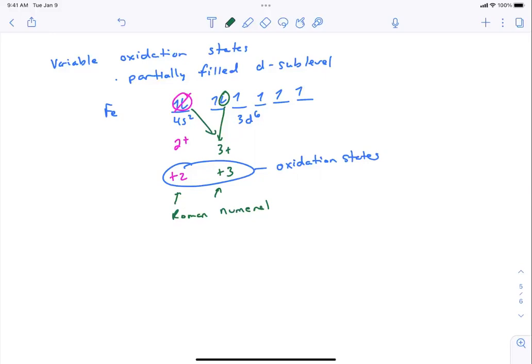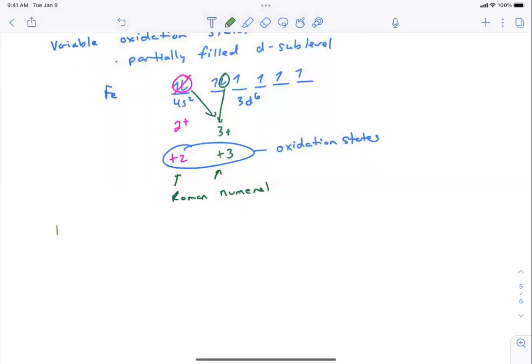You'll always be given one or the other. If you're given the formula, you can deduce the name. If they give you the name, you can deduce the formula. But you're not going to have to guess.